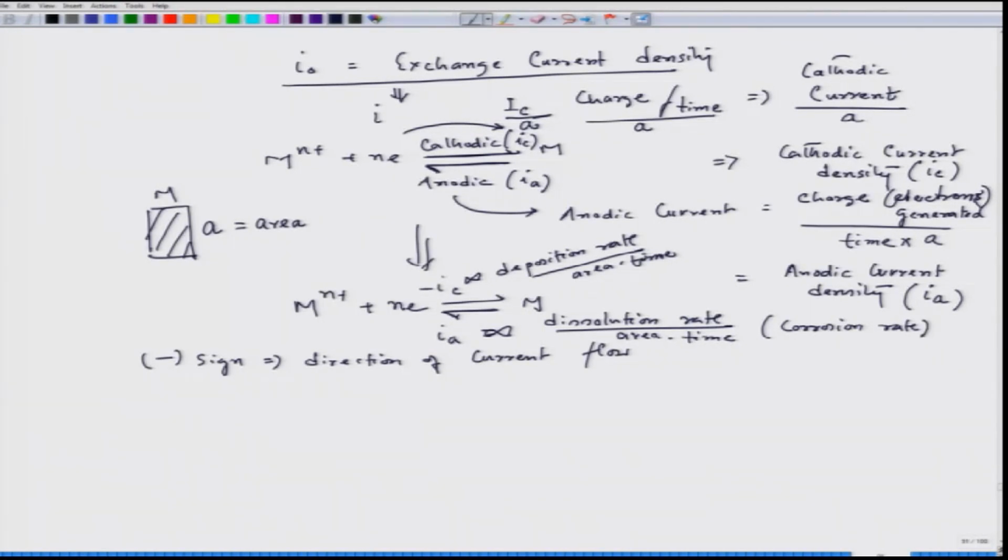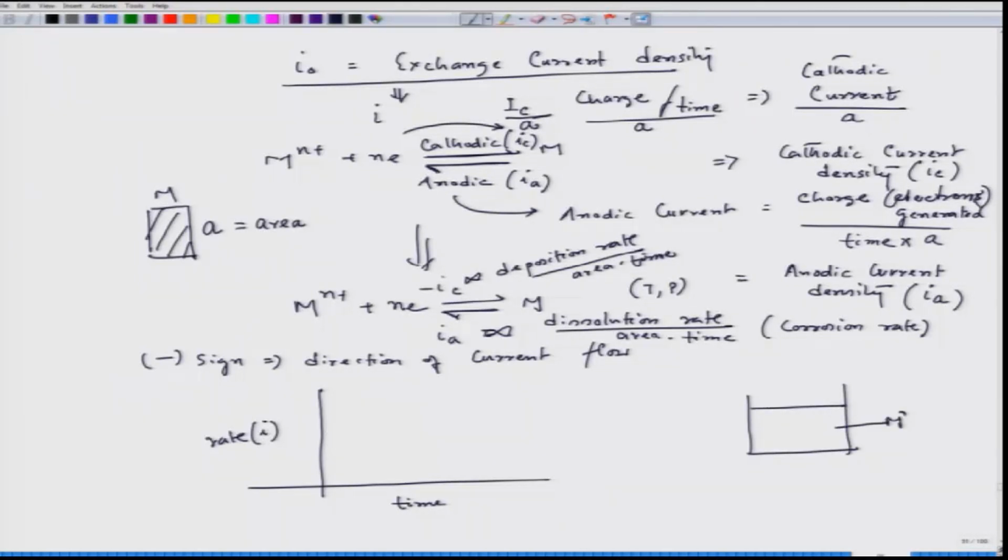Since they are taking place at a particular temperature and pressure, they will reach equilibrium. If we consider time and the rate, and tell this rate in the form of I, then initially, if a particular solution has M^n+ ions and I dip this metal into that solution, the metal will start depositing, and at the same time the opposite process would also start.